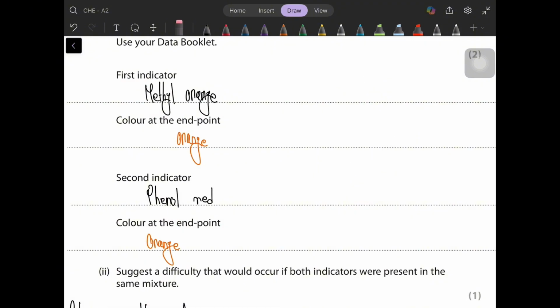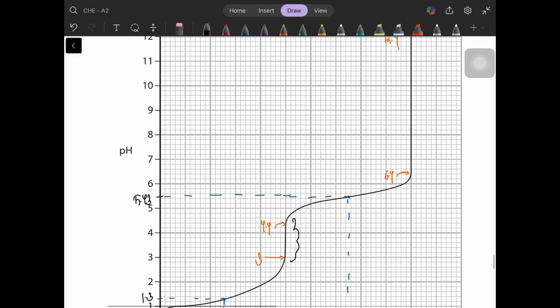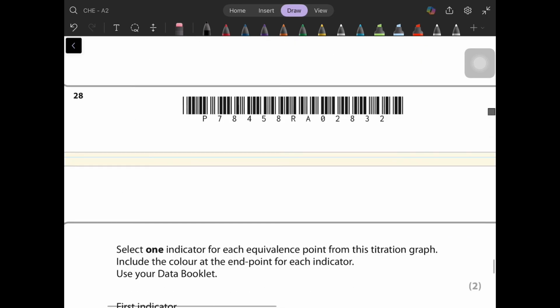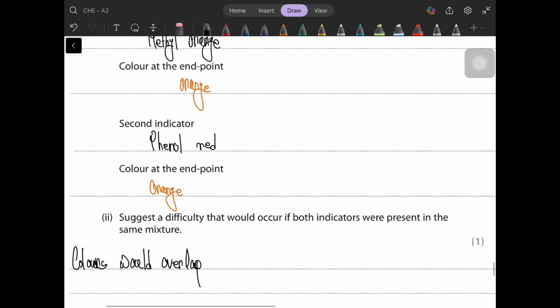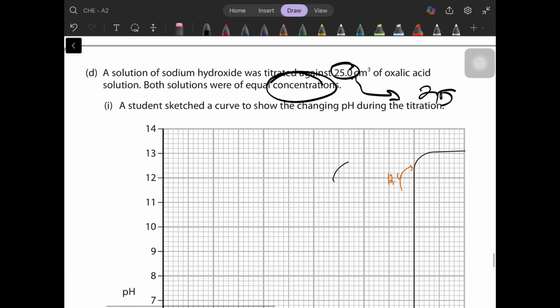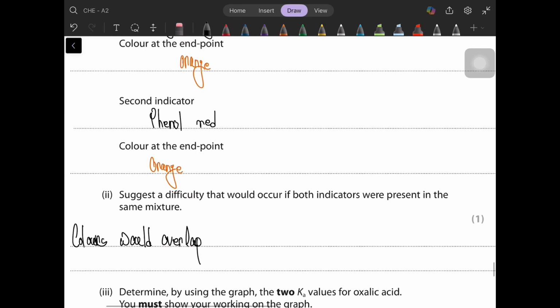Second indicator, right? The steep section is from 6.4 to 12.4. So basically you have to select an indicator, and I went with phenol red, right? And I have again selected the color of the phenol red in alkaline condition, because the pH is already higher as well, right? So I have gone with orange as well.